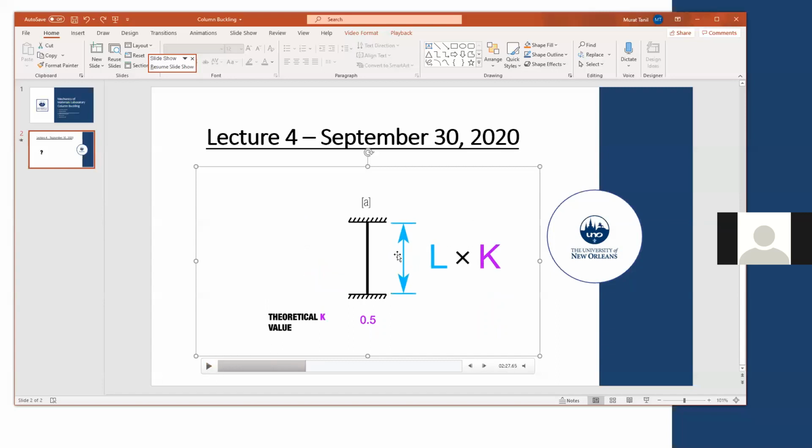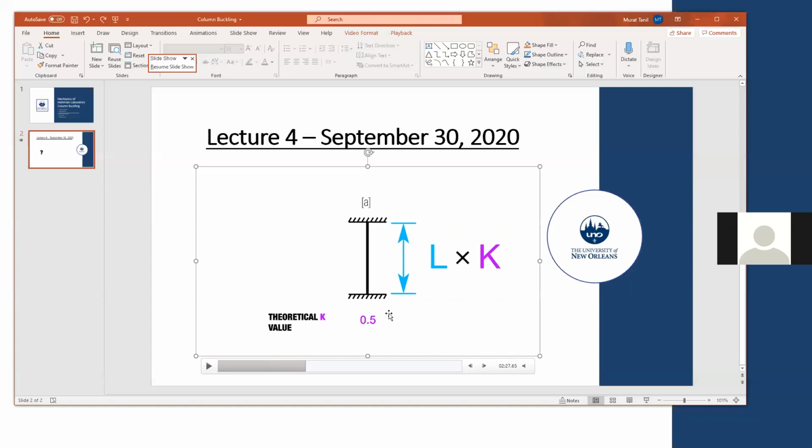So when you look at this first scenario, scenario A, you have fixed connection at the top and bottom, and from the table your K value is 0.5. You're trying to calculate your P critical based on the dimensions and the material type that's given. First things first, you need to calculate the effective length.